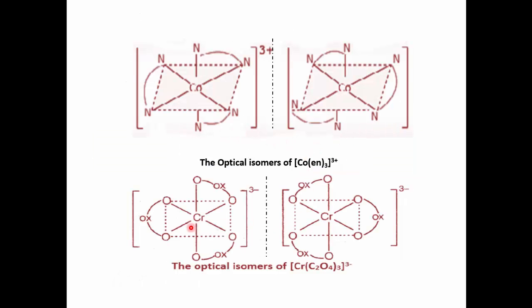This is another example, the optical isomer of chromium which is attached to oxalate ions. See here, oxygen, oxygen, oxygen, oxygen, oxygen, oxygen. If a mirror is placed between these two isomers, there is a change in position of the attached oxygen atoms.